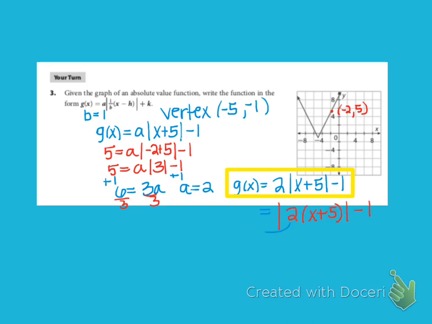Again, this 2 comes from the fact that that would have been 1 over B, and B is a half, and 1 over 1/2 is equal to 2. Okay? So that's why, with these absolute value graphs, it doesn't really matter whether the 2 is inside or outside. It has the same effect on the graph, and that really is to make it look like it's stretched vertically or compressed horizontally, which has the same effect.